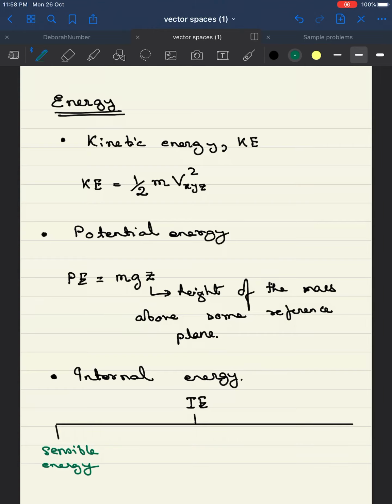Okay, what is sensible energy? This is the energy associated with the internal molecular motion, such as the translational, rotational, the vibrational motion, and this is measured using temperature, right? So temperature is a measure of this kind of internal energy. The larger the temperature of a system, the greater its sensible energy.